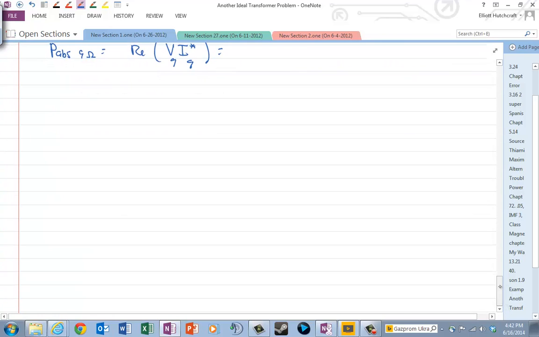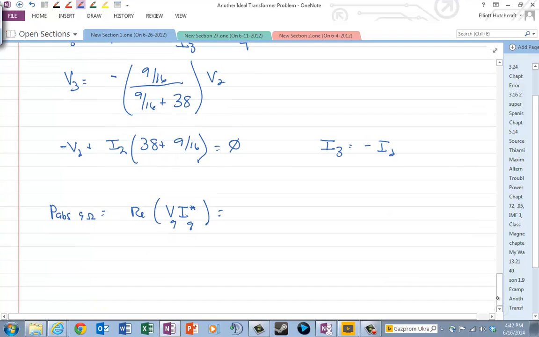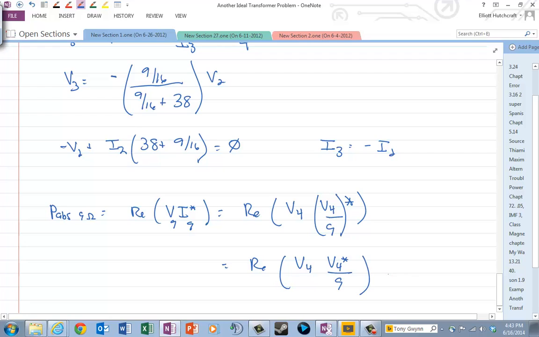So this is equal to the real part of V4 times I9, the current going through it, which would be just V4 over 9, and I got to take the conjugate of that, and of course that is equal to the real part of V4 times V4 conjugate over 9, and so that's magnitude of V4 squared over 9.